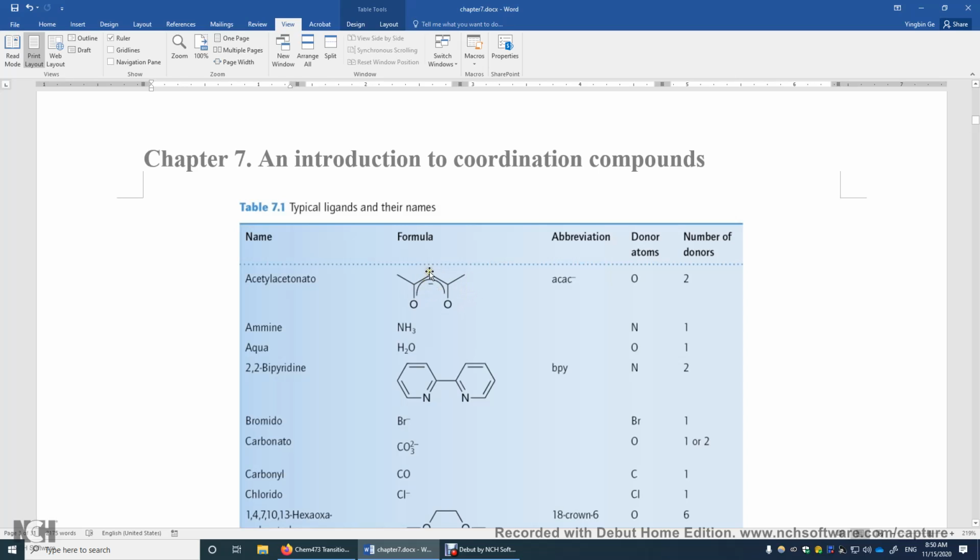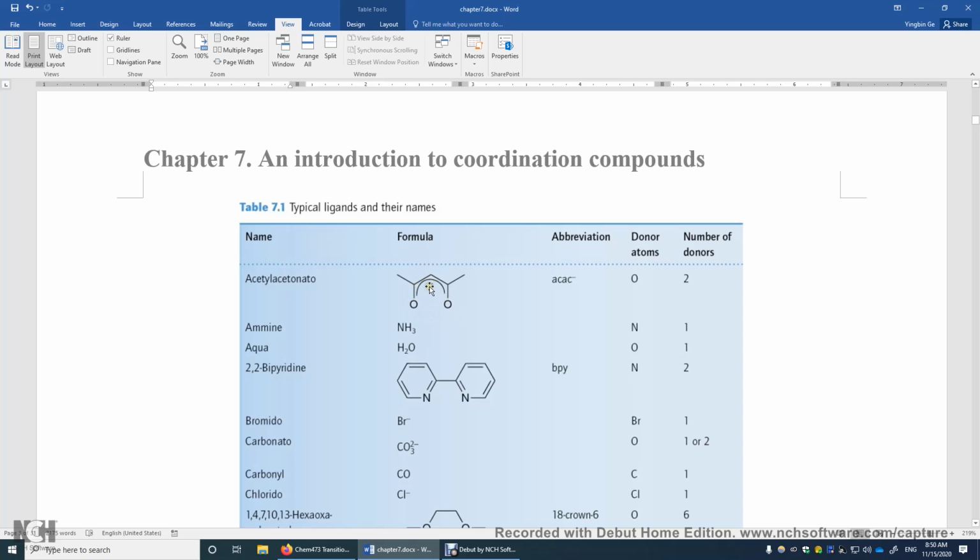This CH2 now becomes CH minus. So one proton will be given away here. So you have CO, CH minus, and over here another CO. And then this negative charge on CH minus can be delocalized onto these two oxygen atoms, and that's why we draw this structure with this curvy line.